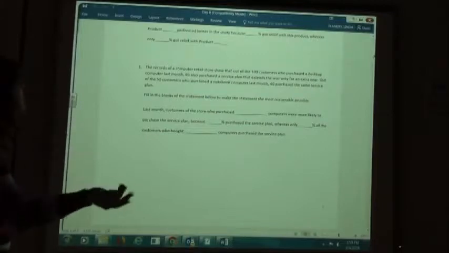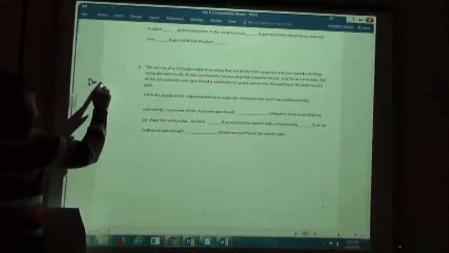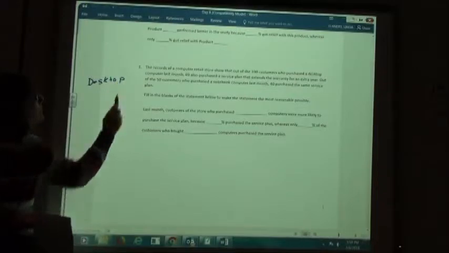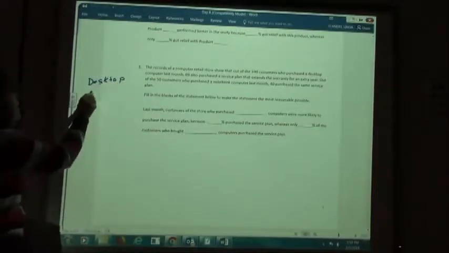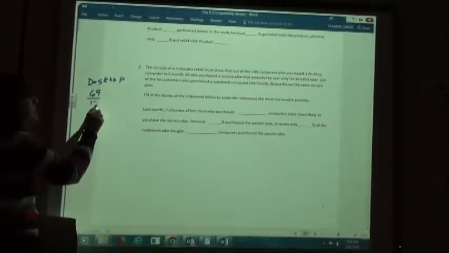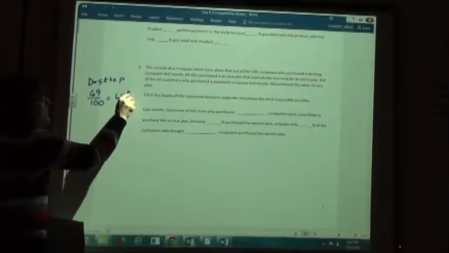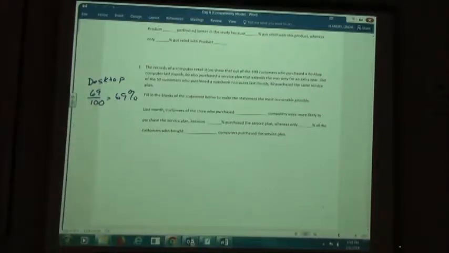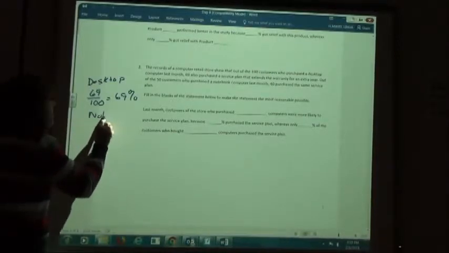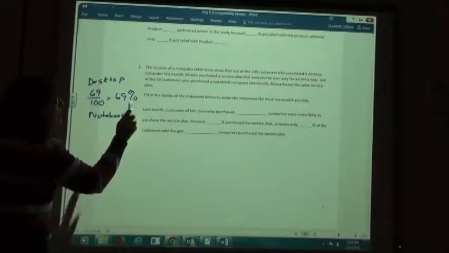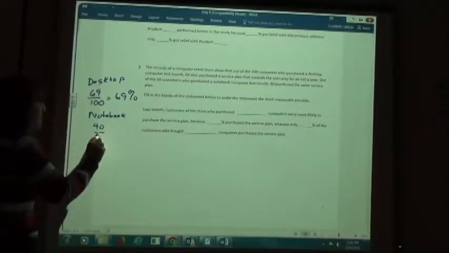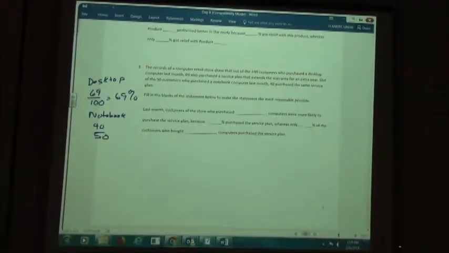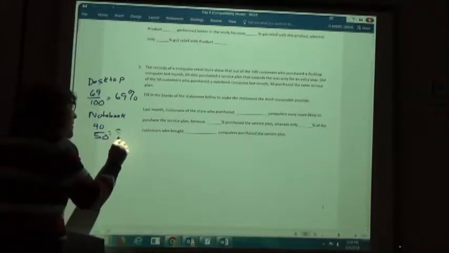On our desktop computers, 69 out of 100 purchased the service plan, which is 69%. We already knew that. It's nice when they do out of 100. For our notebook computers, we had 40 out of 50 that purchased the service plan. 40 out of 50 is 80%.